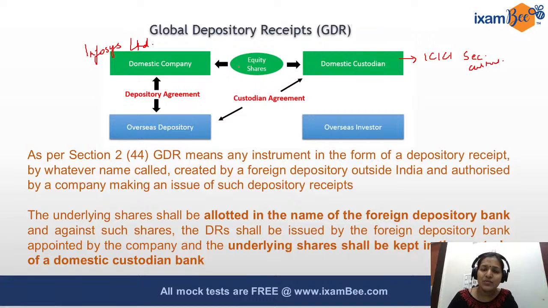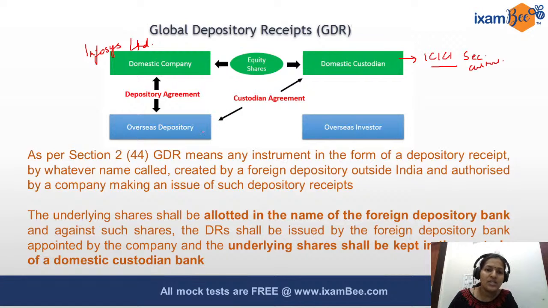So the shares will be kept with the custodian in India. However, in its books, Infosys Limited has issued them in the name of the overseas depository. There is a depository agreement between the company and the foreign depository in whose name they are issued, and the custodian agreement is between the domestic custodian and the overseas depository.